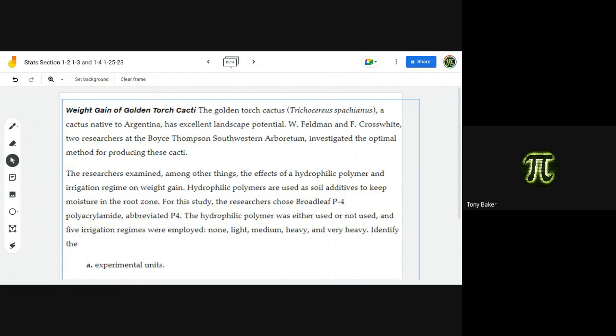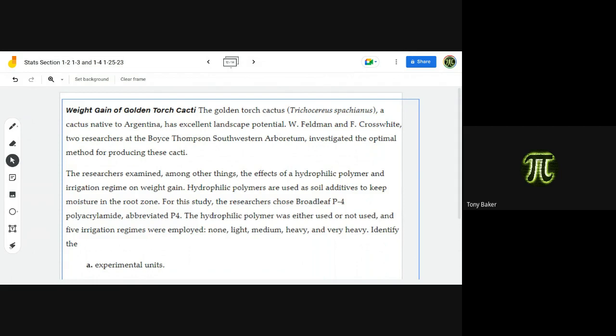What are the levels of each factor? None, light, medium, heavy, and very heavy. Okay. So I had two factors, right? So is what you gave me the levels of the irrigation regime or the hydrophilic polymer? The irrigation.